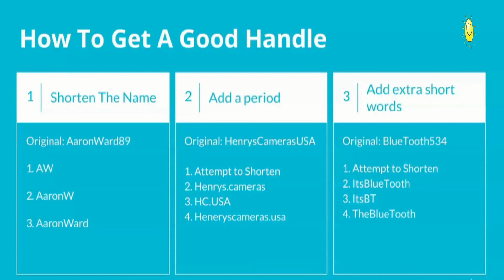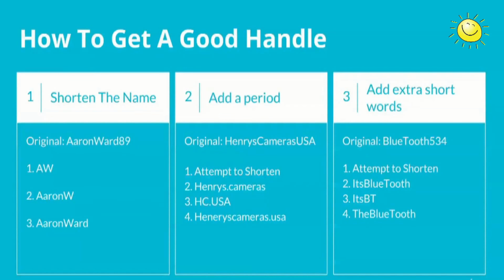Instead of Henry's Cameras, we'd have Henry's dot cameras or Henry period cameras. Other ways to do this would be HC.USA or Henry's Cameras.USA if they really wanted to include that USA bit, or didn't have the opportunity to just use Henry's Cameras.